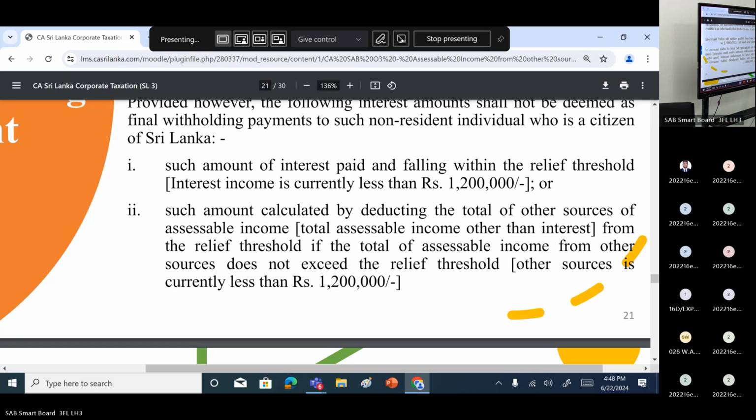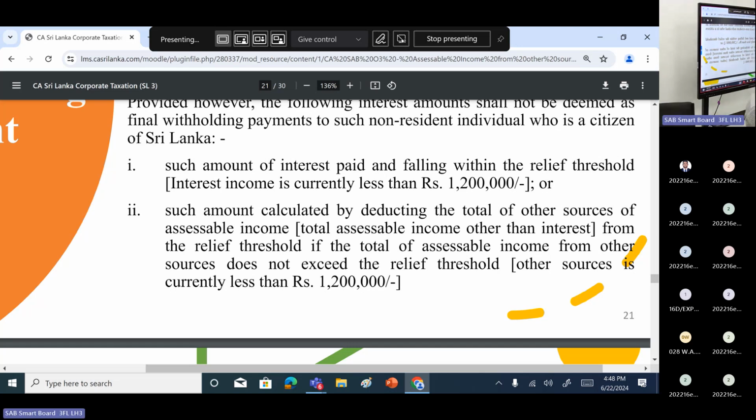But a citizen, that means a Sri Lankan citizen, may not be a resident person. Say, after completion of this course, you go for a foreign job. If you are outside Sri Lanka more than 180 days, then you will be a non-resident person for Sri Lanka income tax.